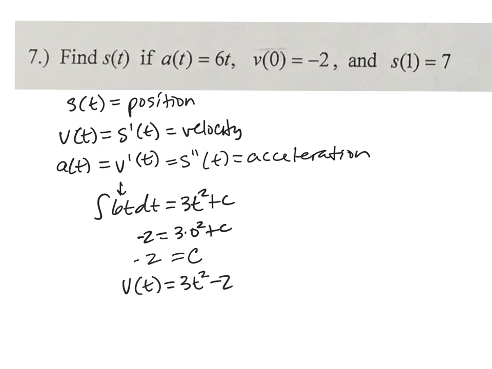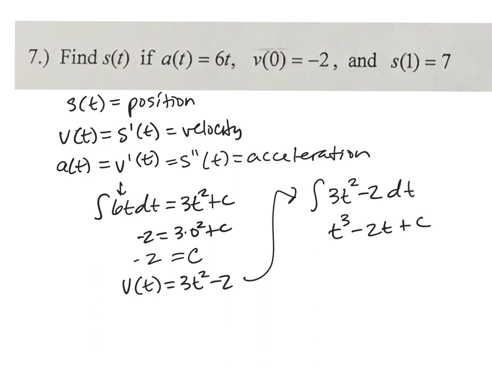So now, let's integrate that to get our position function. So the integral of 3t squared minus 2 dt would be 3t to the third over 3, so that reduces to t cubed, and then minus 2t, and then don't forget your plus c. Now, we're given that s of 1 is equal to 7, so when t equals 1, the output is 7. So we can use that then to find our constant.